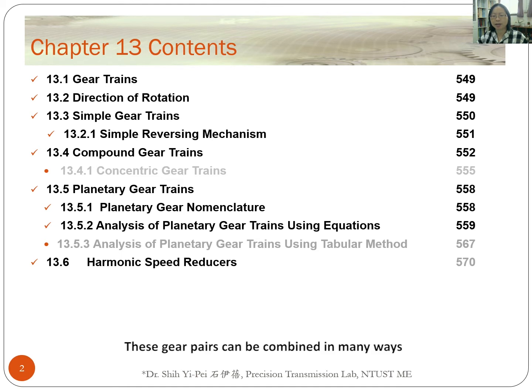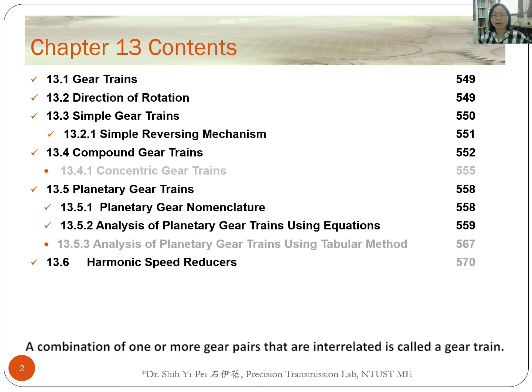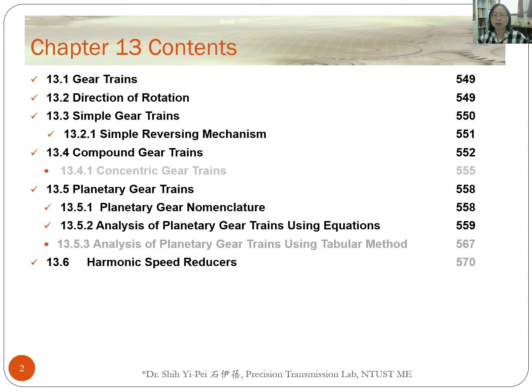These gear pairs can be combined in many ways to achieve the desired input over output relationship. A combination of one or more gear pairs that are integrated is called a gear train. All complex gear trains are combinations of simple gear trains, compound gear trains, and planetary gear trains.